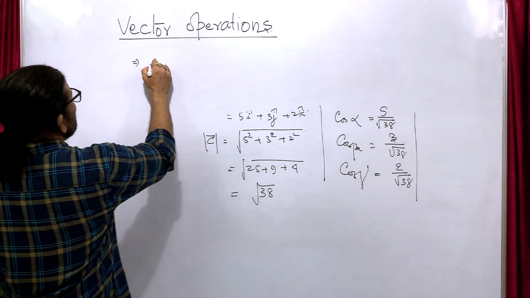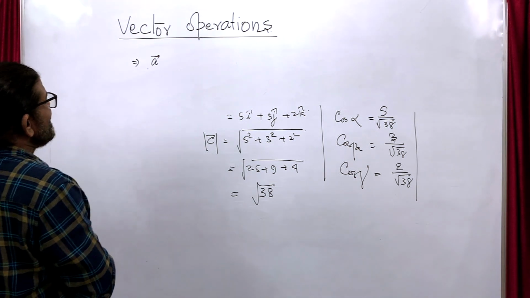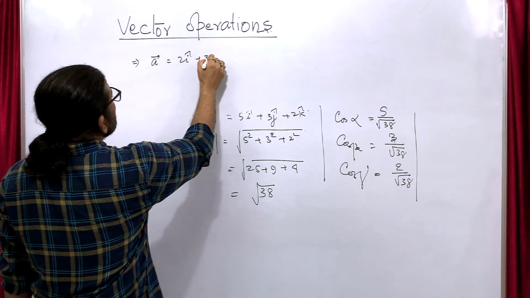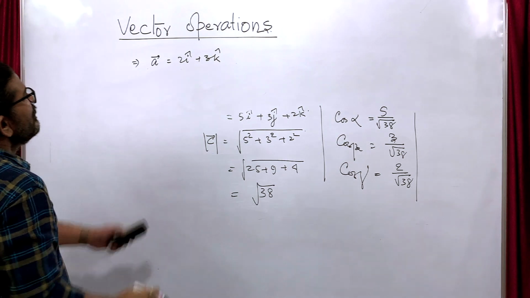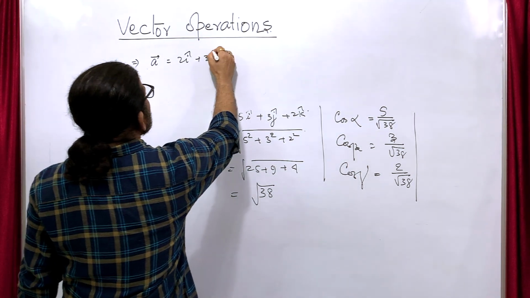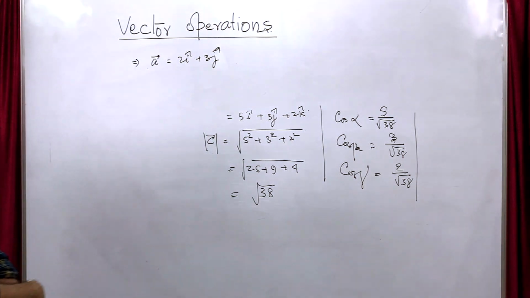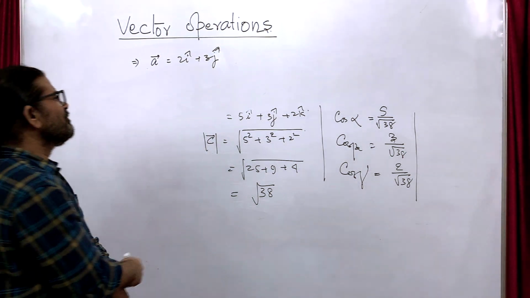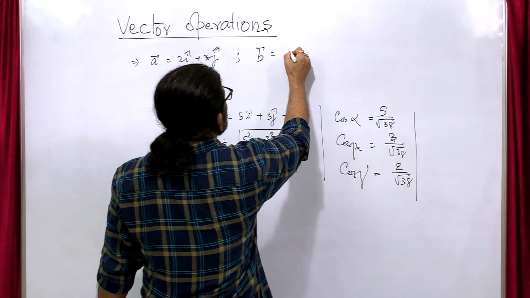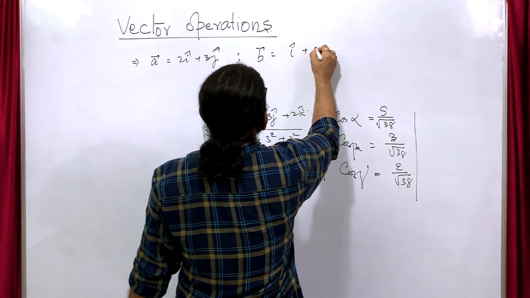Suppose vector A is given equal to 2i plus 3j, and B is given equal to i plus 2j.